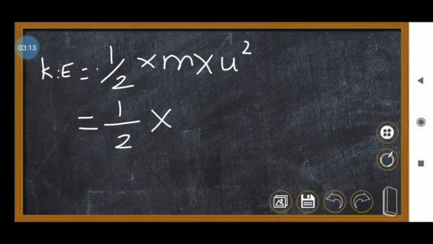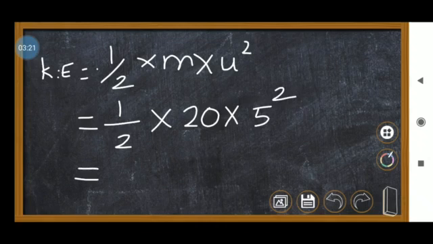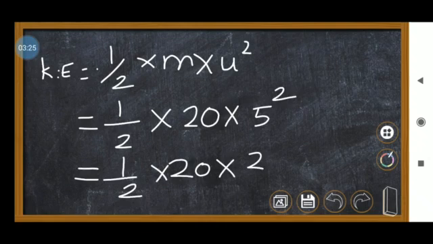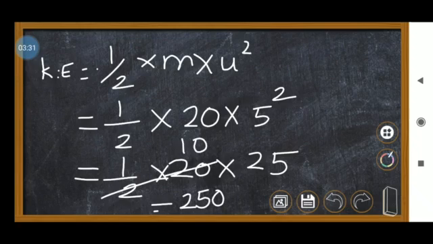Half into mass, 20 they gave, and u equal to 5 meter per second, so 5 square. So half into 20 into 25. Ten 2s are 20, and 25 into 10 is 250 joule. So for the first case we found the kinetic energy is 250 joule.